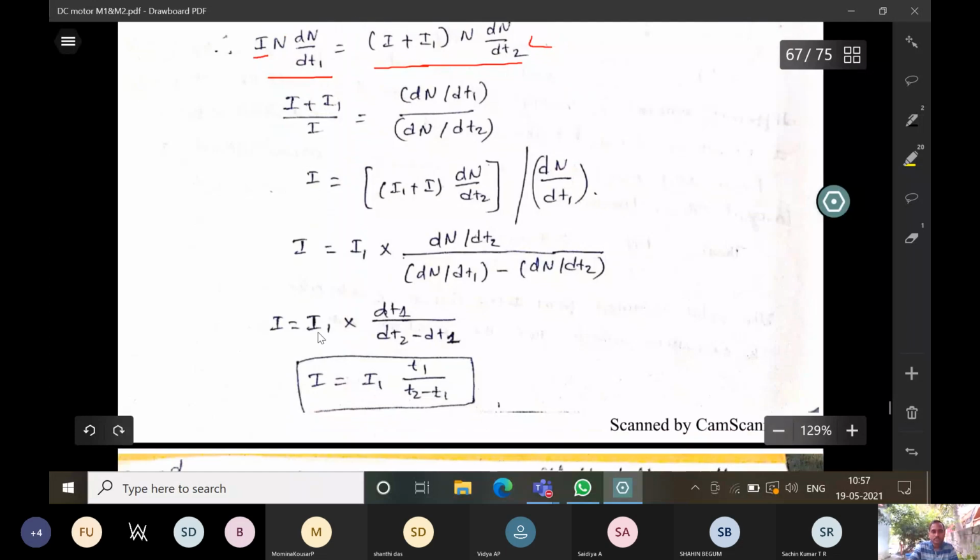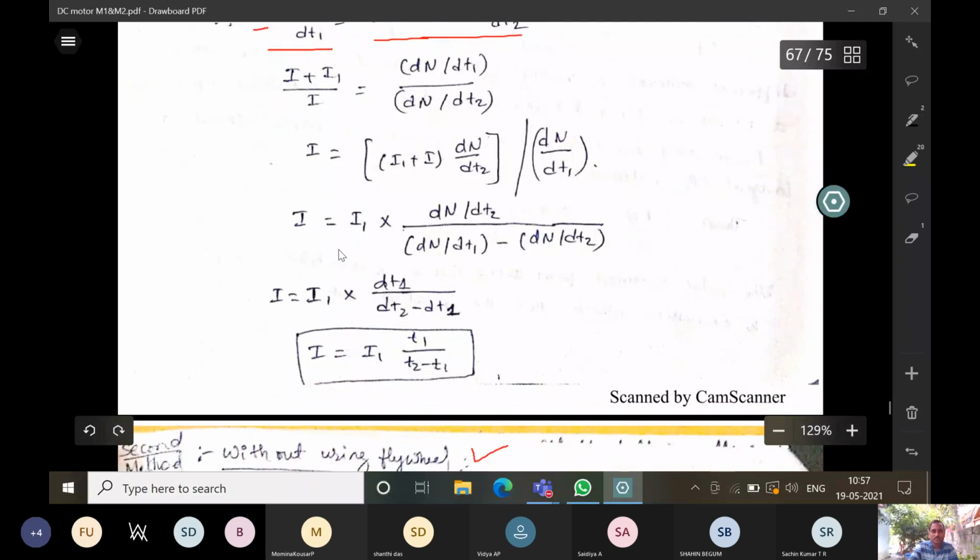Therefore I is equal to I1 into dn by dt2 divided by (dn by dt1 minus dn by dt2). Simplify this and you will get this term.